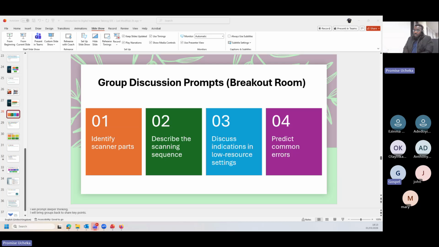If I'm going to talk generally about practice in a low resource area, I would say that the fact that it's a low resource area is more of an indication for the use of an intraoral scanner, because in the long run, it saves cost. It saves the recurrent expenses for the purchase of impression materials, and it also reduces the waste that you generate.